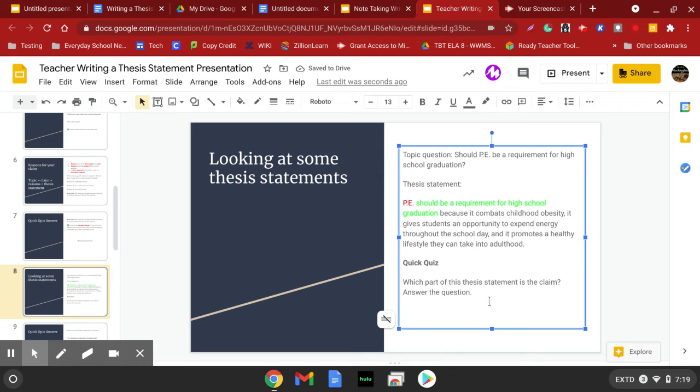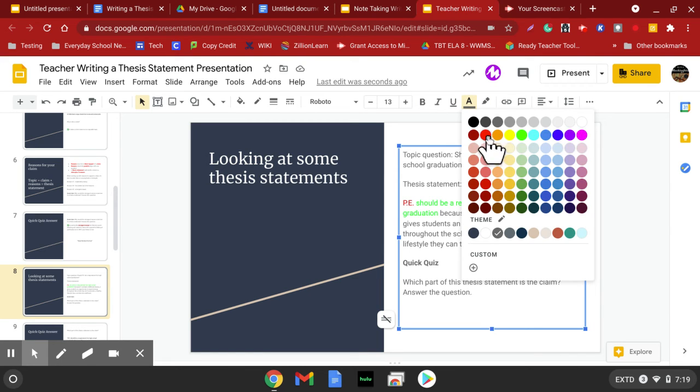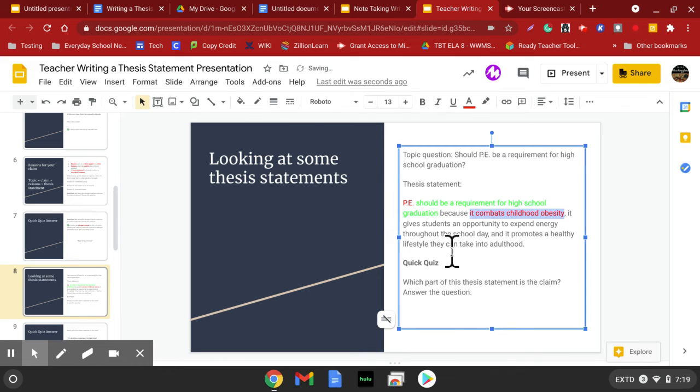My 3 reasons. Because it combats childhood obesity, reason number 1. I'll highlight that. It gives students an opportunity to expend energy throughout the school day, reason number 2. Reason number 3, it promotes a healthy lifestyle that can be taken into adulthood.